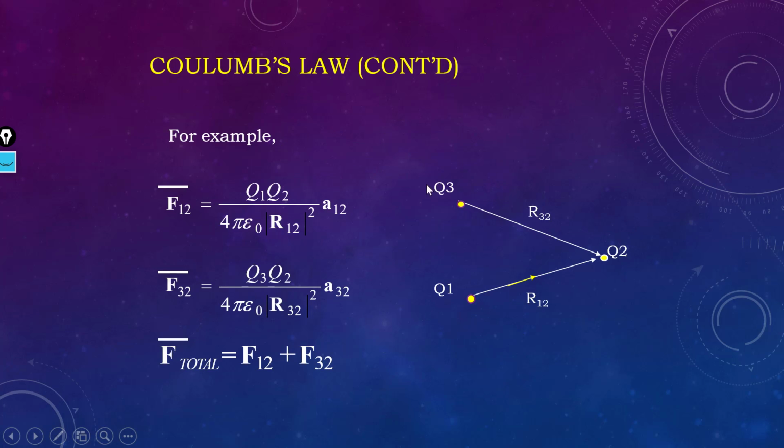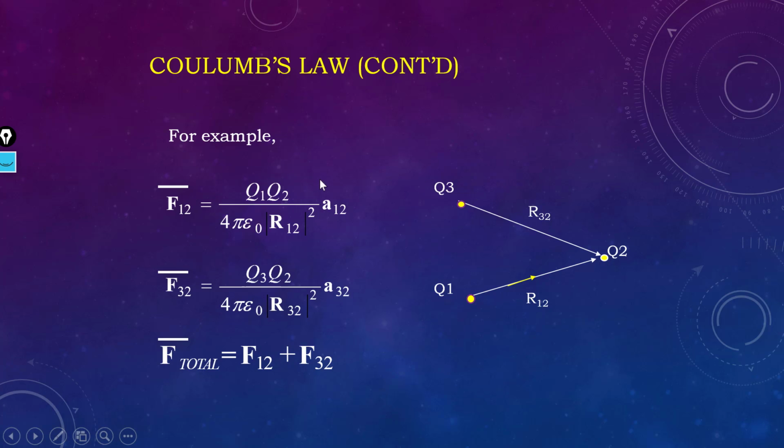For example, suppose there are three charges Q1, Q2 and Q3, and we want to find out the force on Q2 due to Q1 and Q3. Then we will individually write the equations for these two vector quantities. F12 is the force exerted on Q2 by Q1, and this is its position vector R12. Similarly, F32 is the force exerted on Q2 by charge Q3.